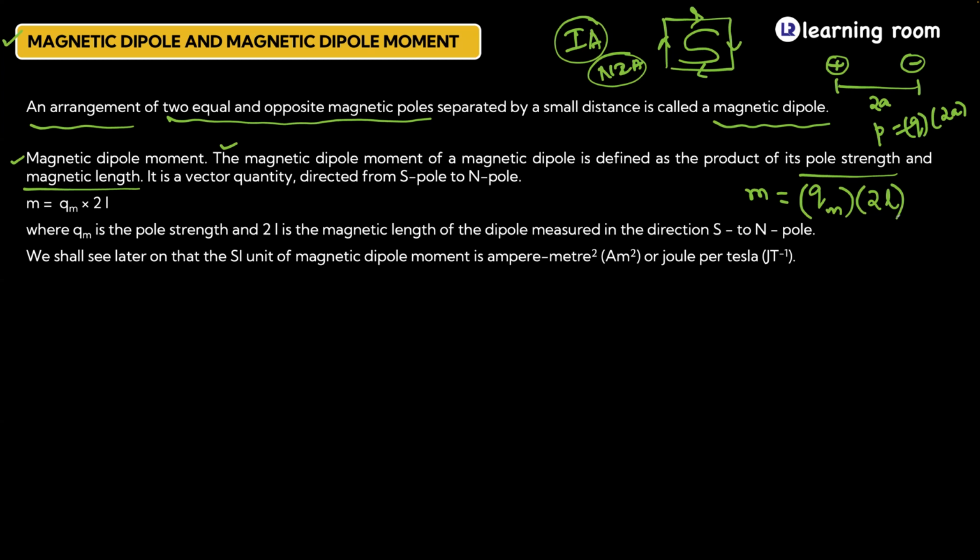It is the magnetic length. So are you able to connect them? If you know the electrostatics part clearly, a similar pattern will get repeated here. The only thing you need to know is that in electrostatics you deal with charges, and in magnetism you deal with pole strength. So this Qm into 2L is what is called the magnetic dipole moment. Clear?